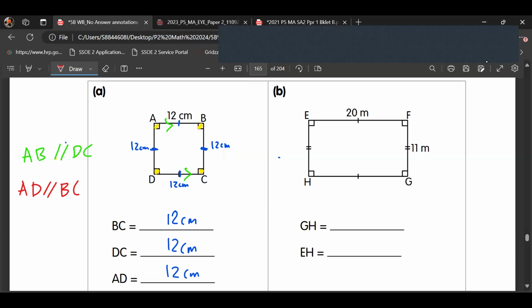So I'll mark it out in red using another color, because in an exam question, you might not receive a colorful exam paper. So you'll use a double arrow to show AD is parallel to BC. For AB parallel to DC, I use a single arrow that is in green.